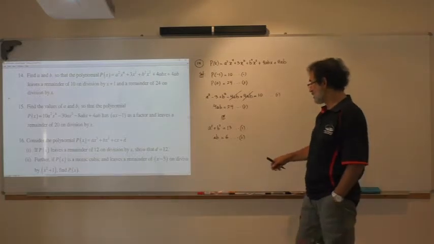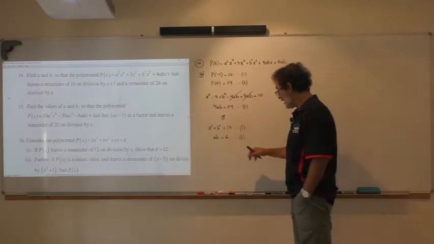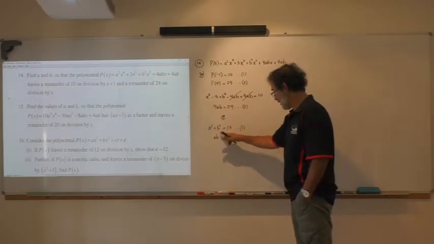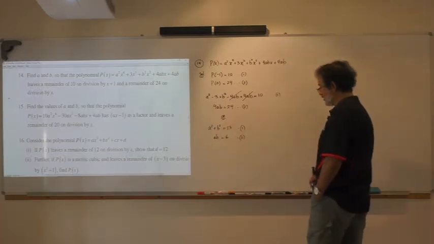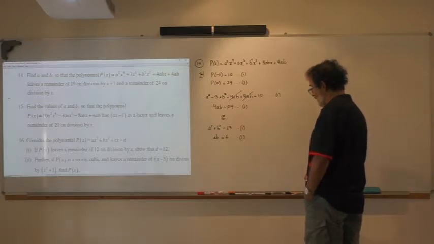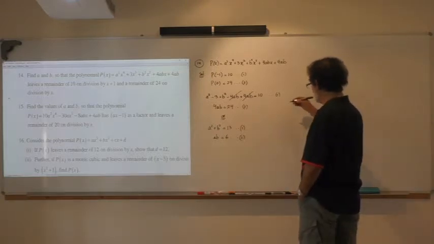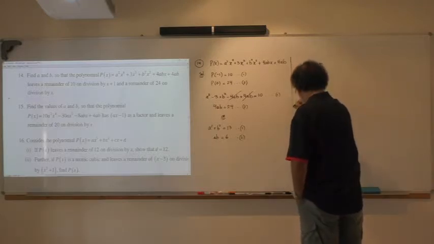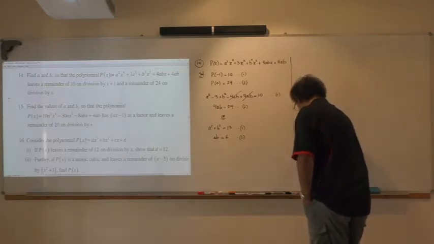So I mean that it's not linear. We don't have two linear equations, we have quadratic equations. In Unit 2 we learned that when we have things like this, we can solve them by substitution.